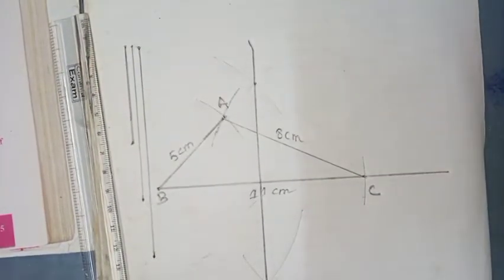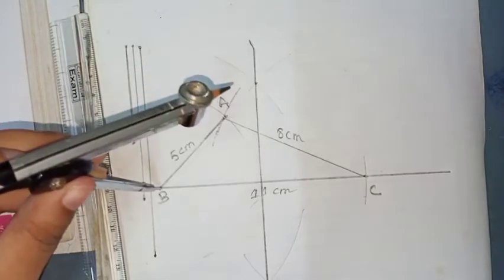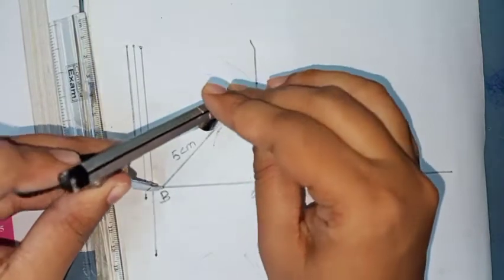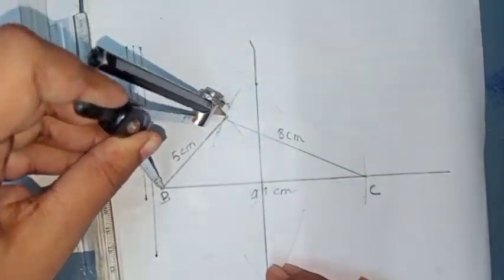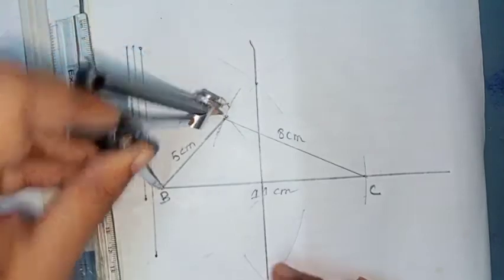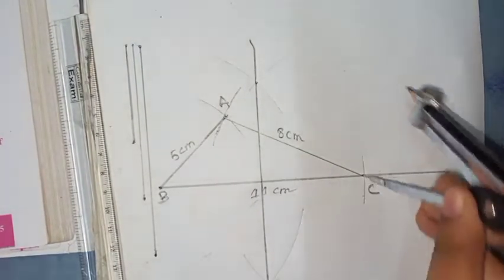Now what will you do after this? You will take this measurement, the AB measurement, keep it on point C and cut here.